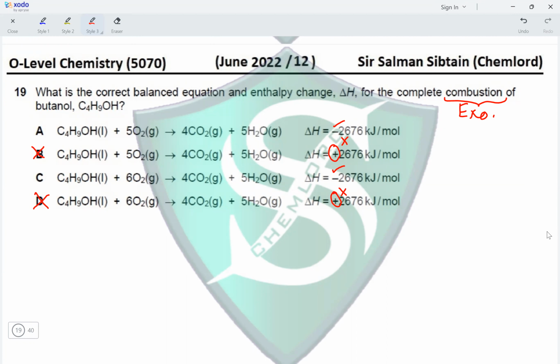So we are talking about combustion of butanol. The molecular formula for butanol is C4H10O, and the general combustion equation here would be X plus Y upon 4 moles of O2, but we have an oxygen atom, so that results in subtracting half from X plus Y upon 4.